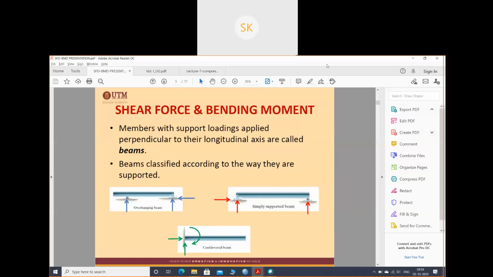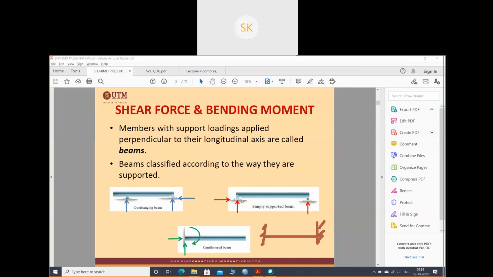There is one more beam, also called a fixed beam, where both ends are fixed. So four types of beam: simply supported, cantilever, overhanging, and fixed. As we discussed earlier, a roller support has only one reaction, vertical.